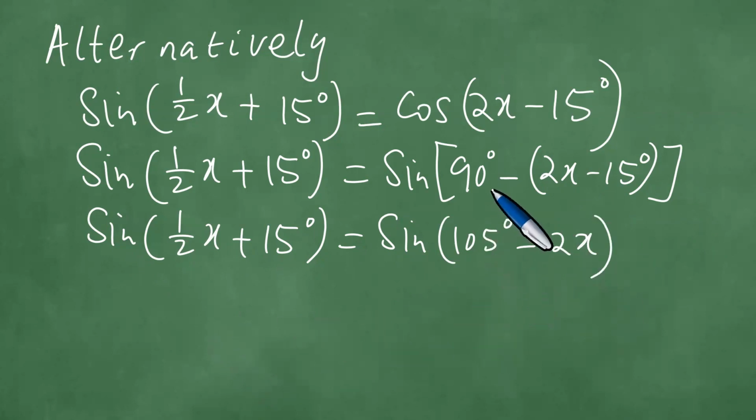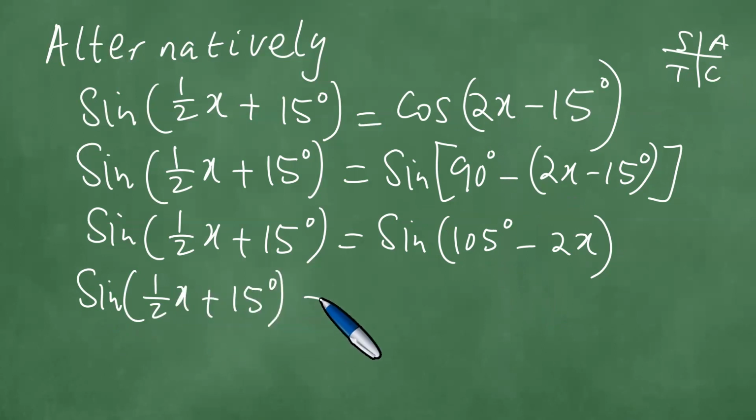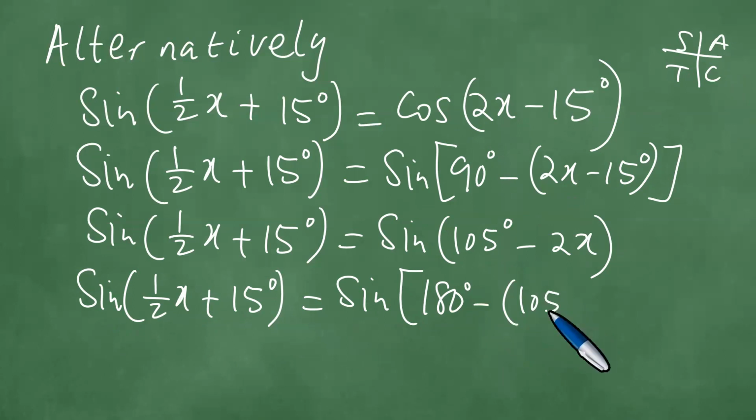Right, so we agree that 90 minus this angle here is in the first quadrant, and therefore this angle itself is positive. But in view of the CAST rule, the sine is positive in two quadrants, the first and the second, meaning we can also write this as 1/2 x plus 15 degrees is the sine of 180 degrees minus this angle here, 105 minus twice x.